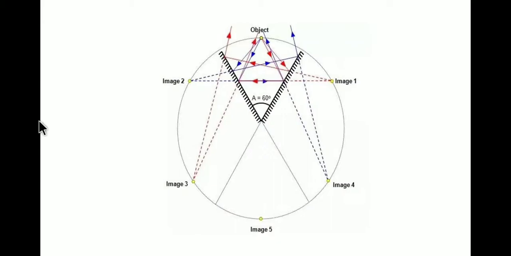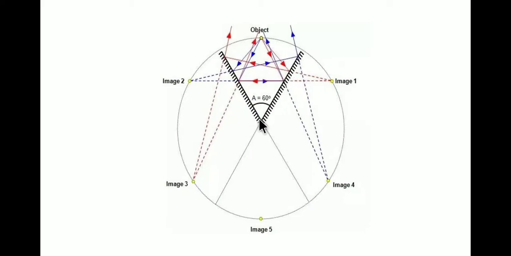Let's consider that the object is placed in between the two mirrors, and the object lies within the circumference of the circle which has its center where the two mirrors meet.